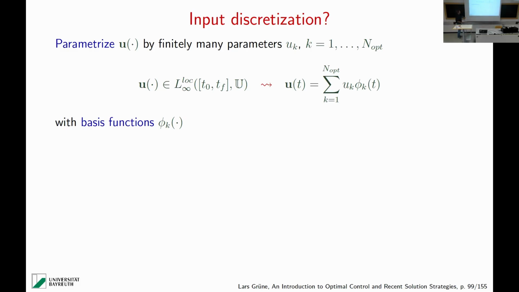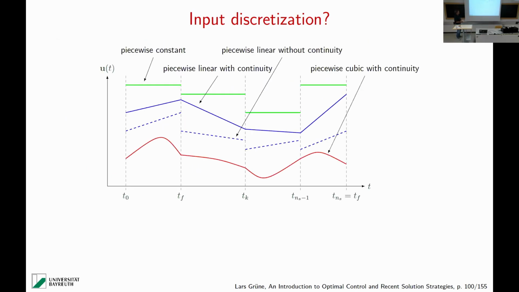So basis functions phi k, and the question is which basis functions to use, and different authors have different opinions. I'm just showing you a couple of possibilities. The simplest and, I think, most widely used are piecewise constant basis functions, the green ones. So you have certain intervals.